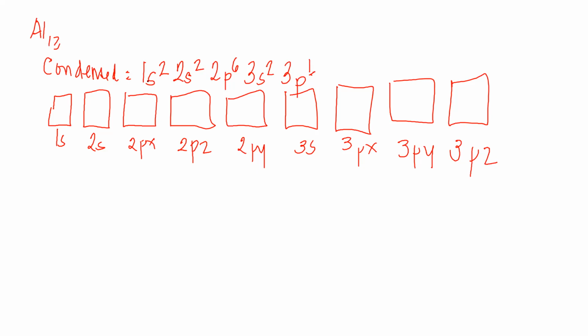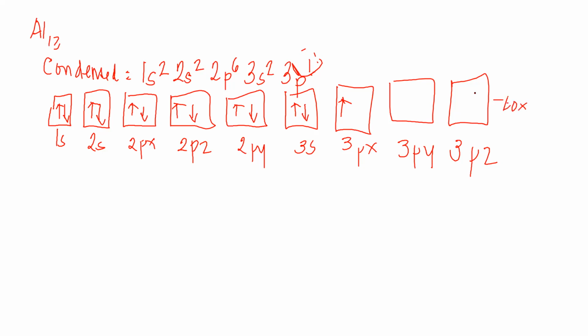How many electrons do we have? On 1s, 2: 1, 2. On 2s, 2: 1, 2. On 2p, we have 6. Distribute it first: 1, 2, 3, 4, 5, 6. 3s, 2: 1, 2. On 3p, we only have 1. Here, none. Here, none. This is now our box diagram.